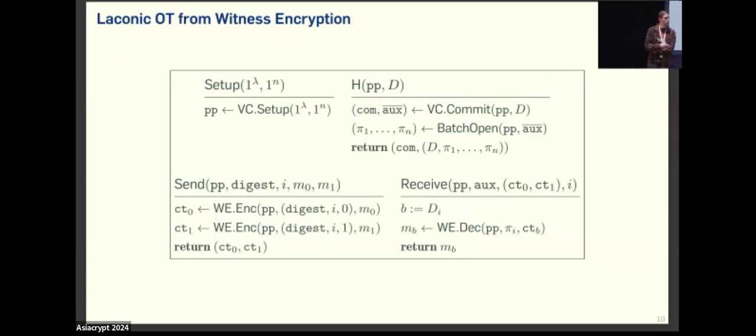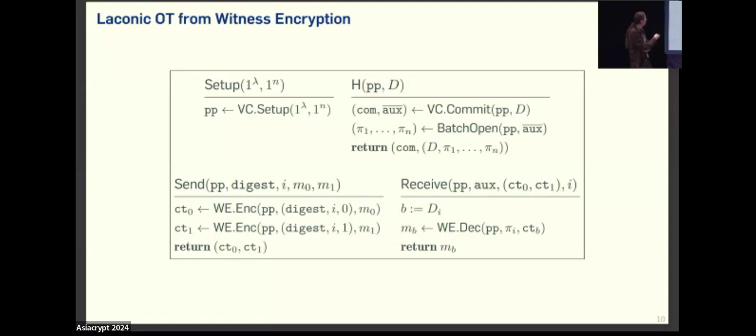Well, we have a setup for laconic OT. There we will basically just use the setup of the KCG commitments. And we'll use the KCG commitment as a vector commitment here, which basically just means we commit to a polynomial that corresponds to the entries in our vector at the positions 1 through whatever the length of our vector is. And this is the algorithm H here.